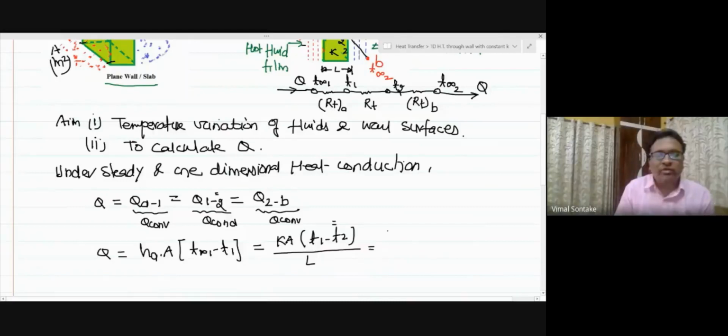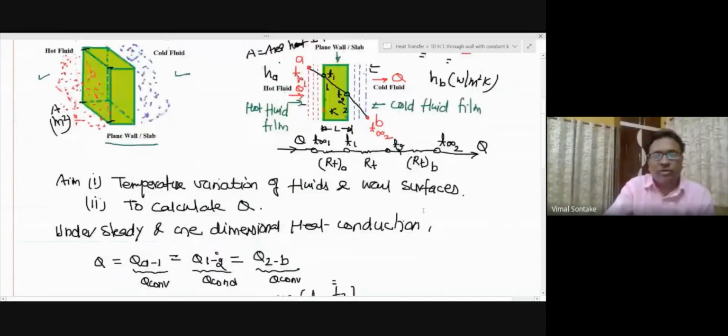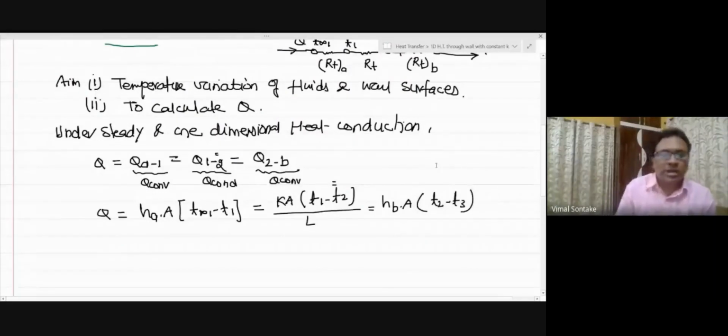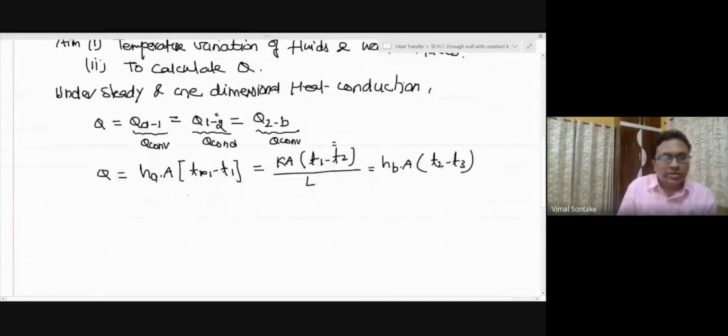And finally, Q2B will be the heat transfer rate from the right face to the cold fluid, which can be given from Newton's law of cooling as hB into A into T2 minus T infinity 2. Let's say this is equation number 1, equation number 2, and equation number 3.